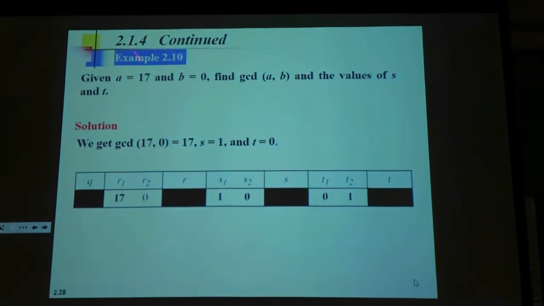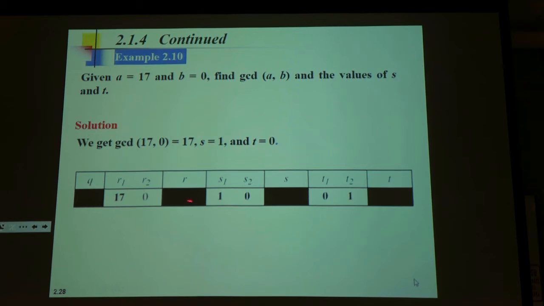So, given A equals 17 and B equals 0, what is the greatest common divisor and what are the S and T values? So, 17 and 0, 1, 0, 0, 1, so it's ended at the start, right? So what is the greatest common divisor for 17 and 0? 17, right?